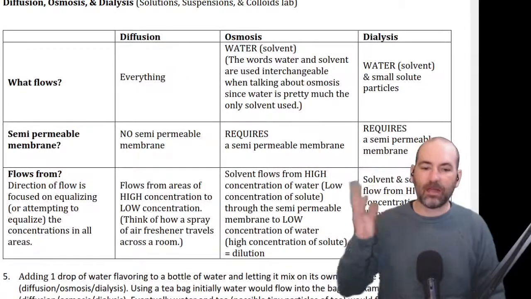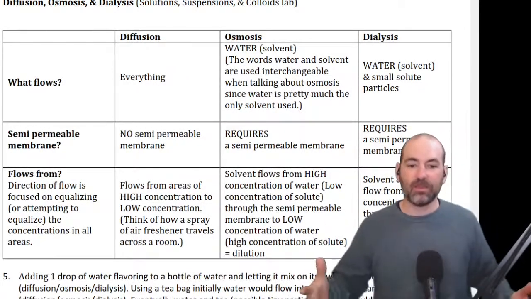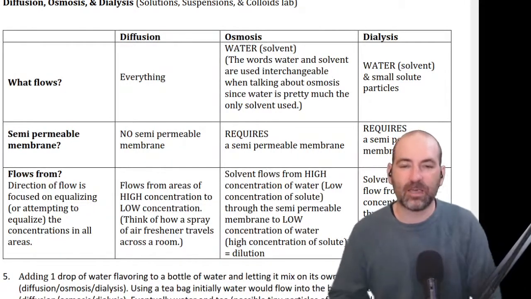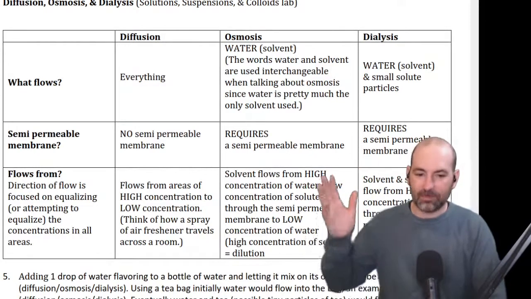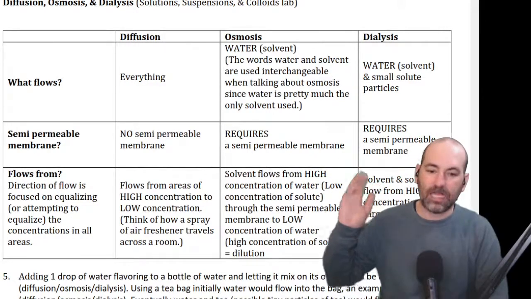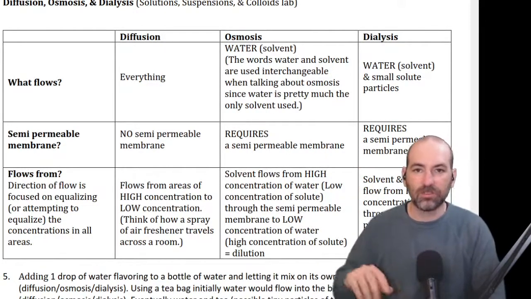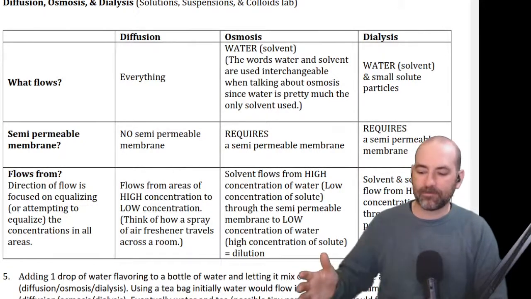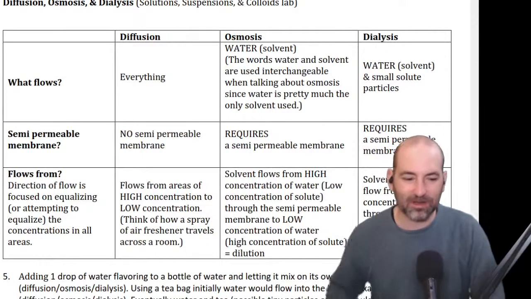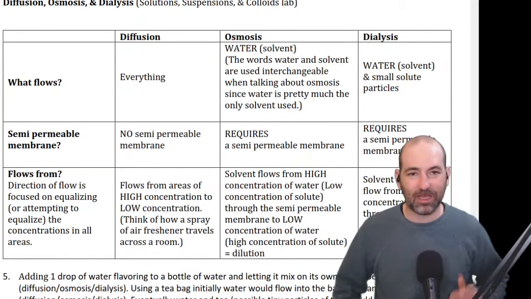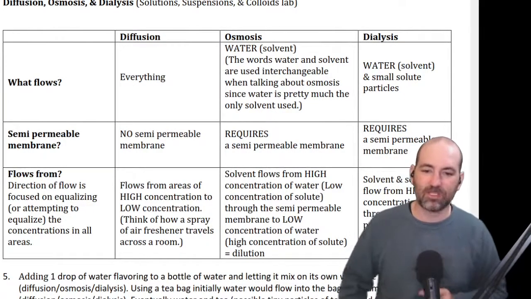So when we think of dialysis, we think of a machine that is cleaning toxins out of your blood when your kidneys aren't working properly. And that is actually using the concept of dialysis, but it's a little bit different. Osmosis is another term that gets misused. It's used for things changing or moving or something like that in general, when it really has a specific definition. So let's look at the specific definition.